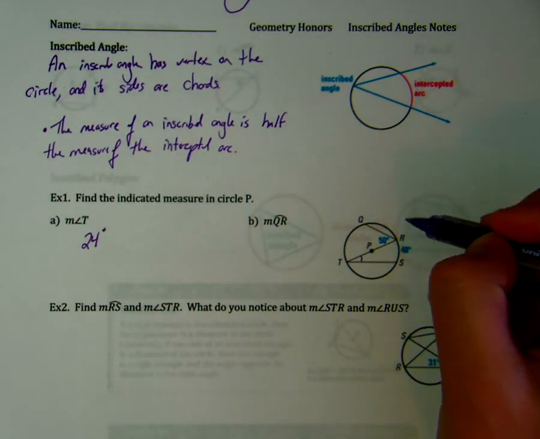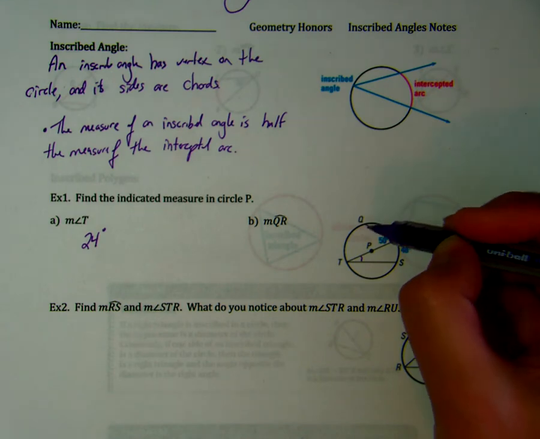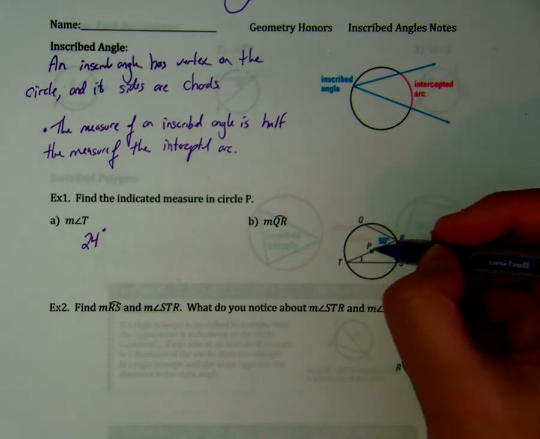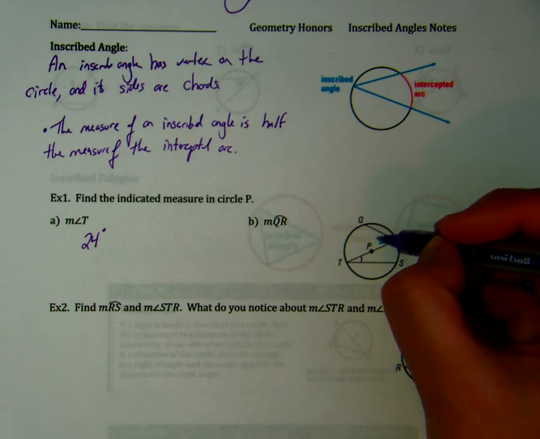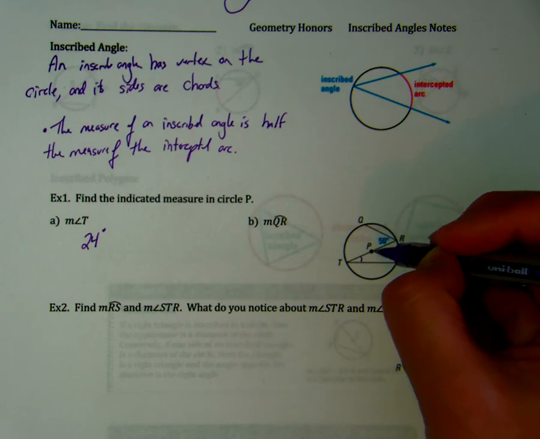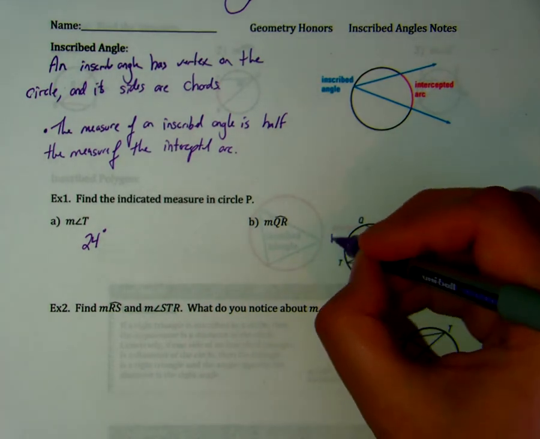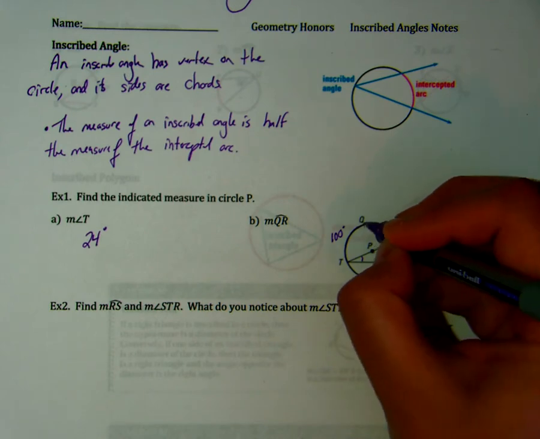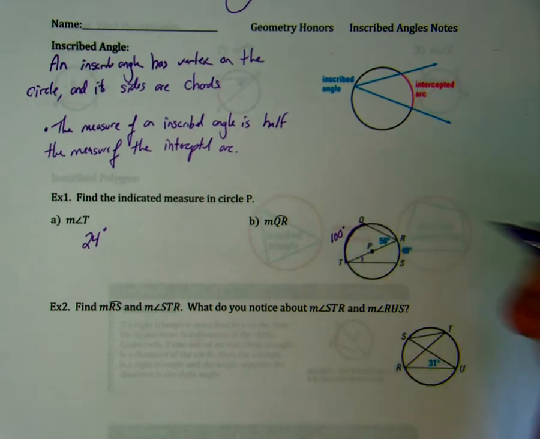Now QR is this arc. If you notice, there's not an inscribed angle going to QR. But the inscribed angle we have up here is this 50-degree angle at R, QRT. So the measure of the inscribed angle is half the measure of the arc. That means this arc here of QT is 100 degrees.